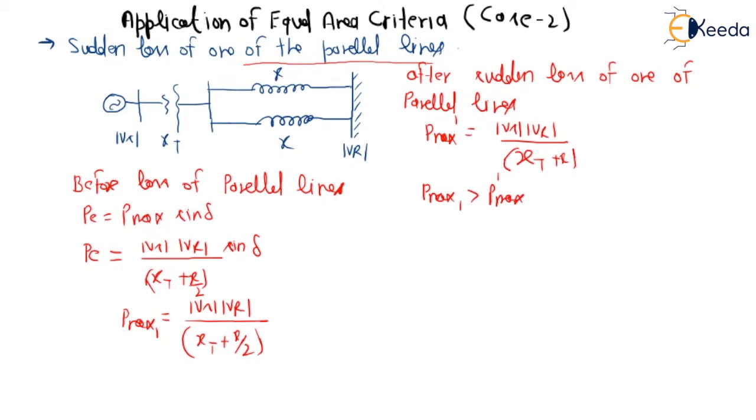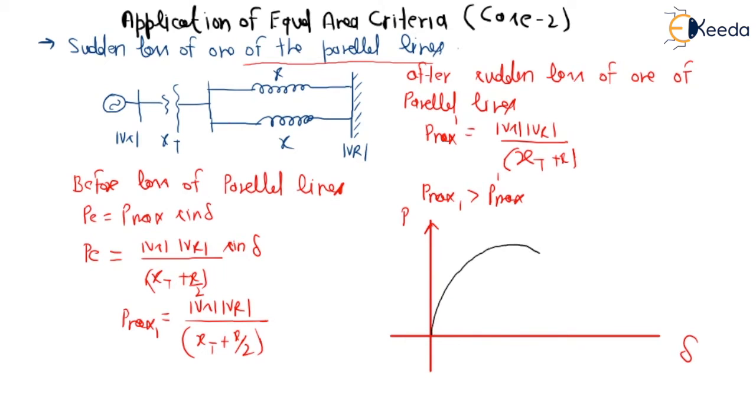So clearly, if we want to understand the case of loss of parallel lines, we must see carefully in the P delta diagram. Let us assume this is P and this is delta, and we are drawing P is equal to P max sine delta.